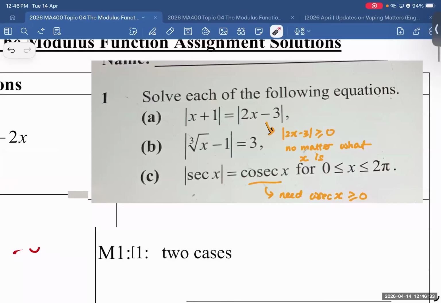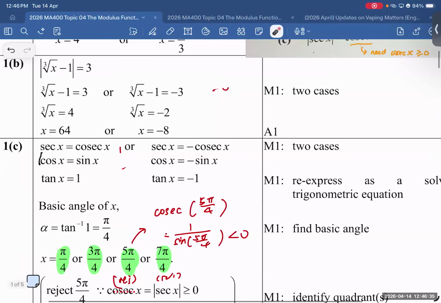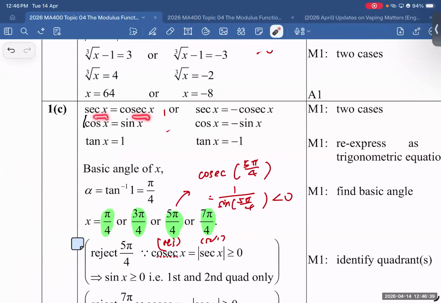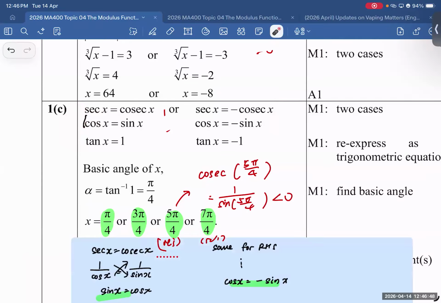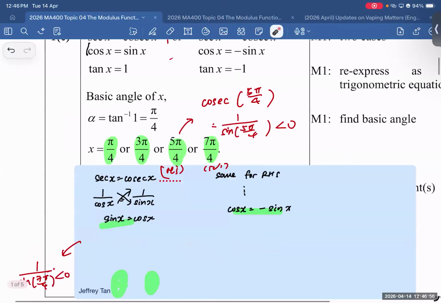After that, I will start and check. So you see secant x equals cosecant x, secant x equals negative cosecant x. From here, I came to this step. Do you understand why? What I did is basically I changed cosecant to 1 over sine, then flipped the right hand side.